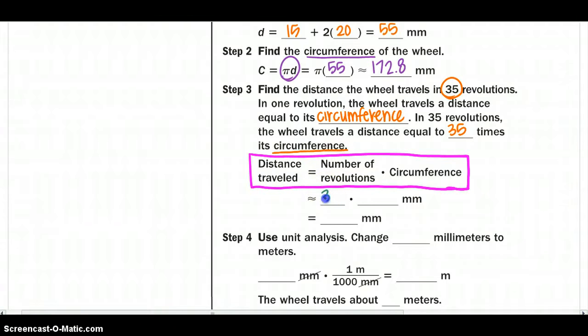So our number of revolutions is 35, and our circumference is 172.8 millimeters. So we are at 6,048 millimeters, but now we have to change it into meters.